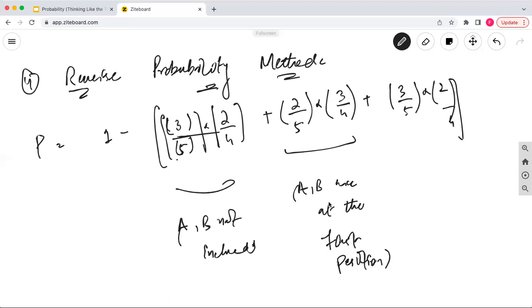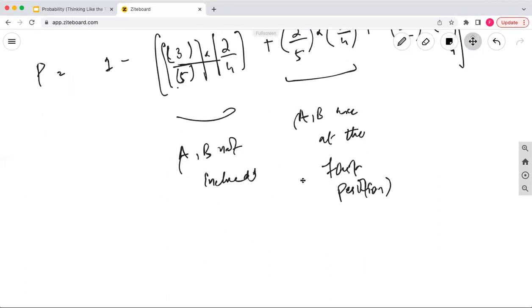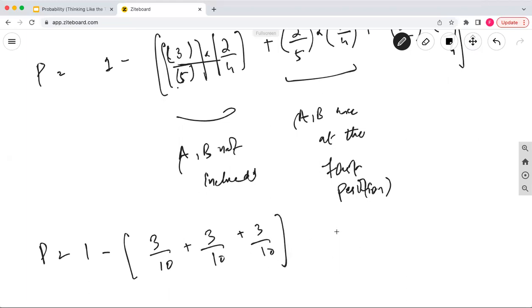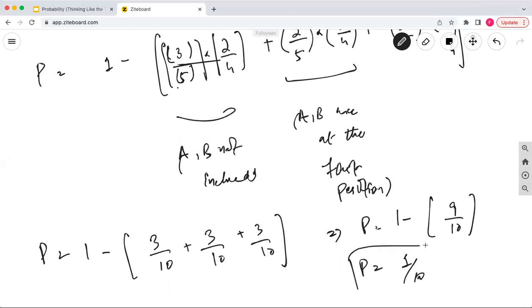So just add these. So this will be 1 minus 3 by 10 plus 3 by 10 plus 3 by 10. So this will be 1 minus 9 by 10. So in short, the probability is equal to 1 by 10, right?